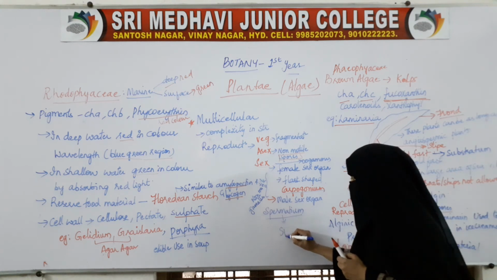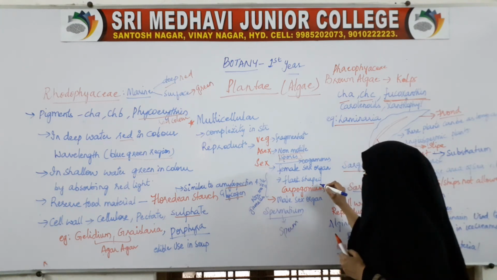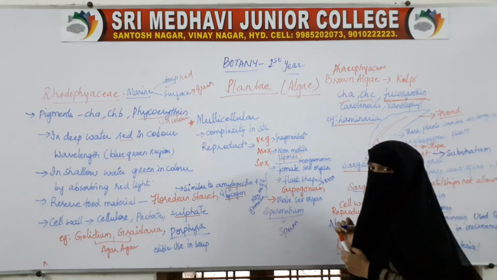It produces sperm, and the carpogonium produces ova.